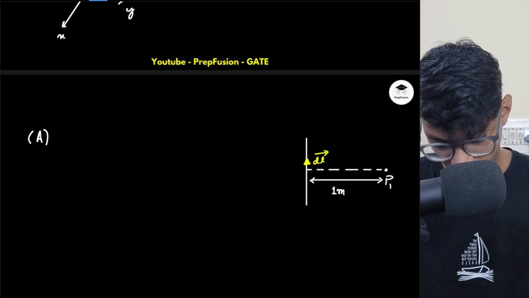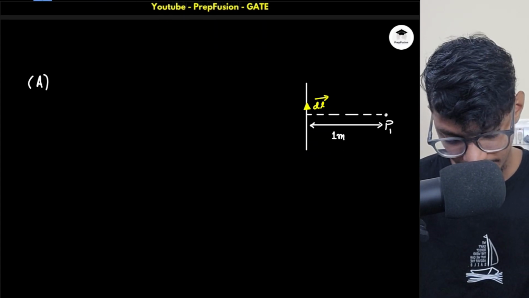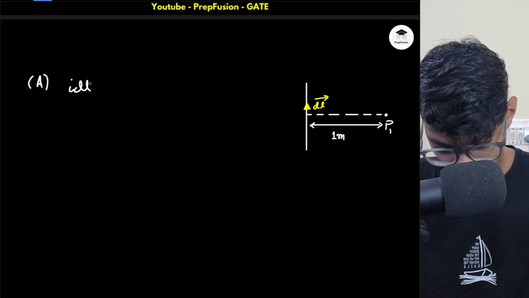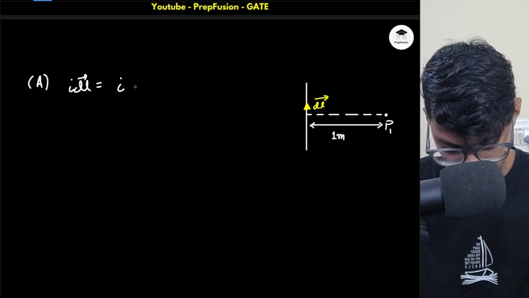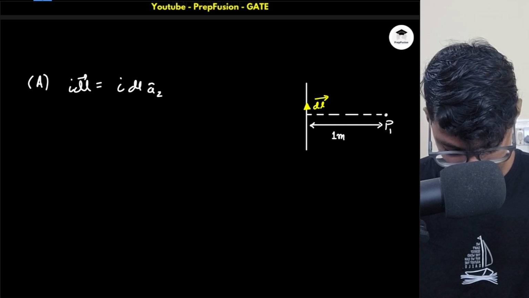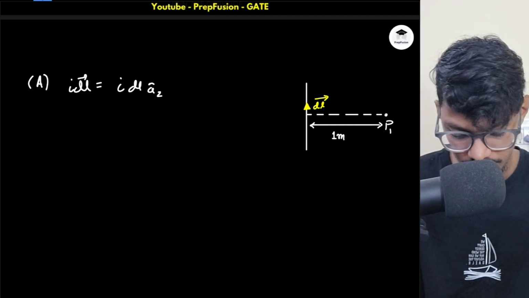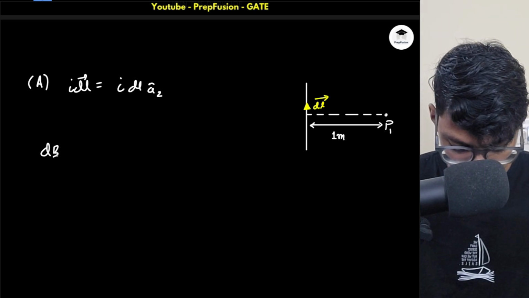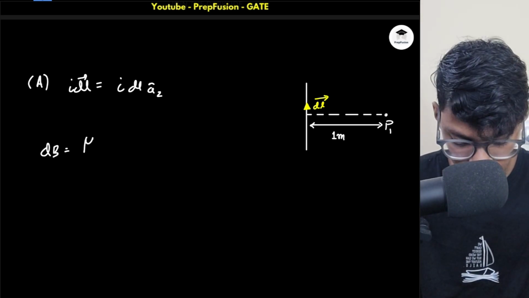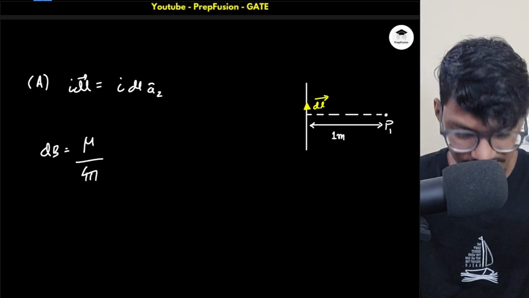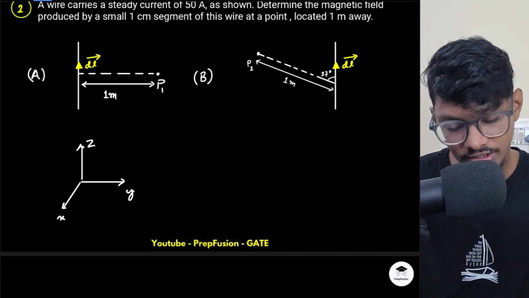What is the direction of my current element? It will be I dl magnitude in the a-z cap direction, and dl is very small, that is 1 centimeter. So this small magnetic field will be, what is the formula, mu naught by 4 pi. Nothing is mentioned, so I'll assume free space.